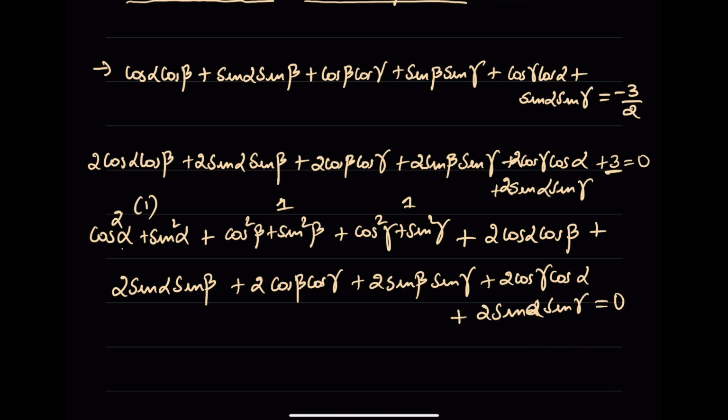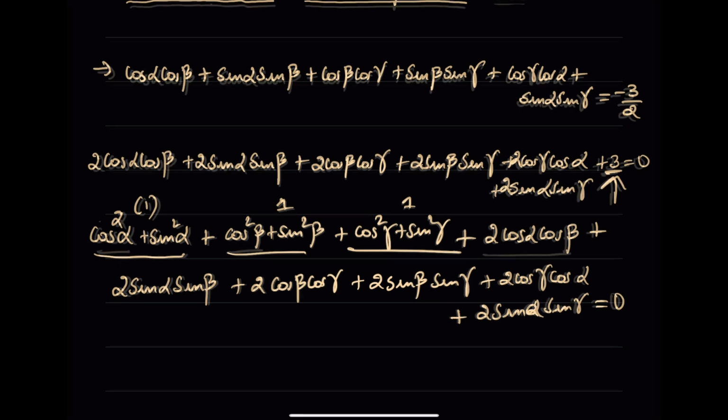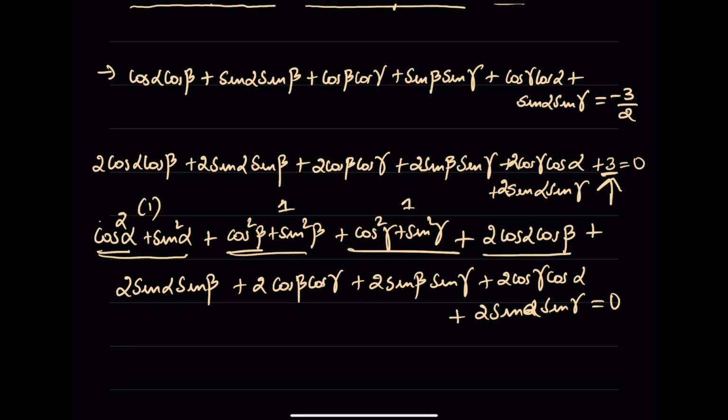So basically what we did was, this value 3 here, we changed it to 1 plus 1 plus 1, which is further changed to cos square alpha plus sin square alpha. We just applied the trigonometric functions here. Now what we can do is, let's do a grouping of all the variables so that we get some kind of an algebraic equation.